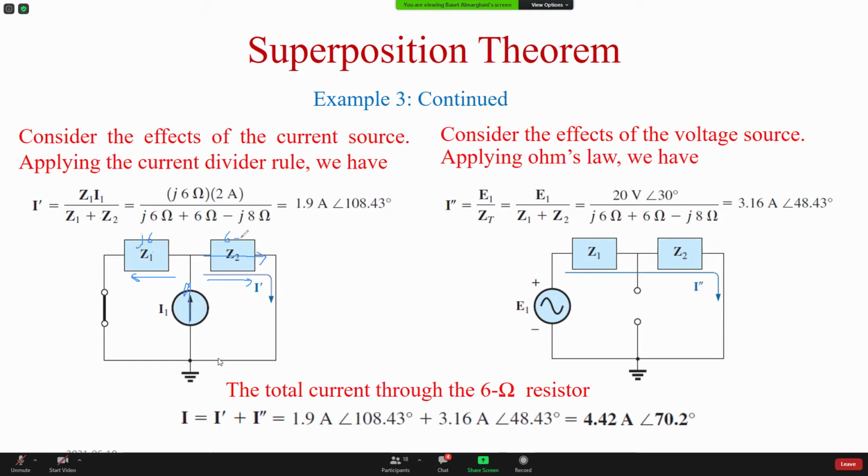This is 6 minus J8. So we multiply by J6, we divide by the sum. And the total current here is given 2 angle 0. So you can find this current. So two currents, one because of the first source and one because of the second source. I want to find the total current in the circuit. I just add these two currents and you get the answer.